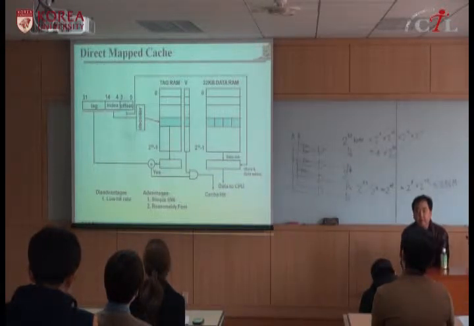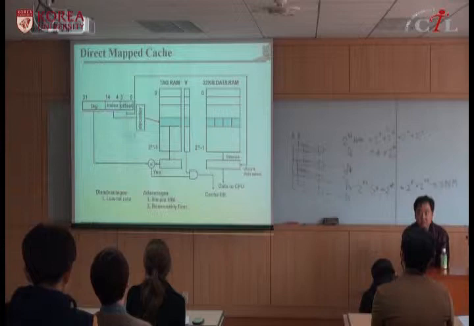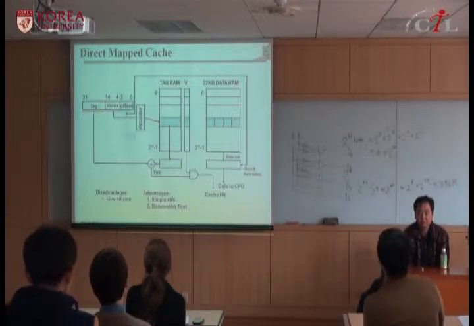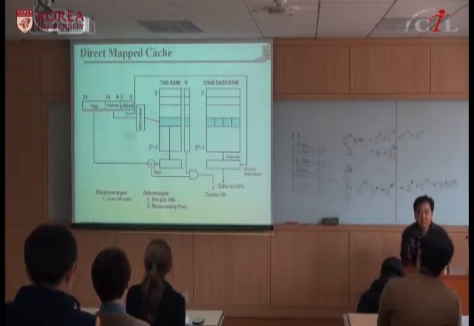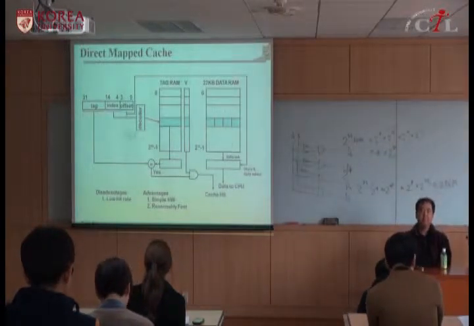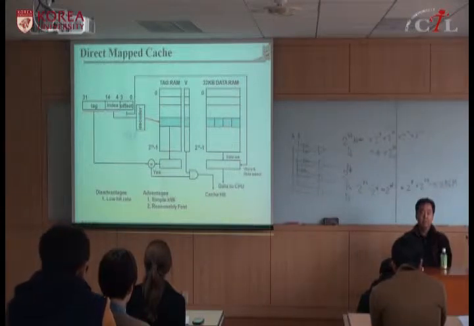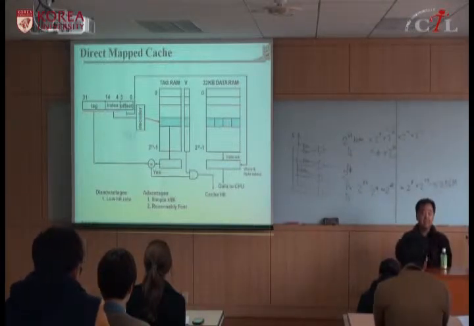So as I said, hit rate has nothing to do with fast or slow. Changhyun, which one is faster and why? It's not more faster, it's just faster. Okay, faster, why?